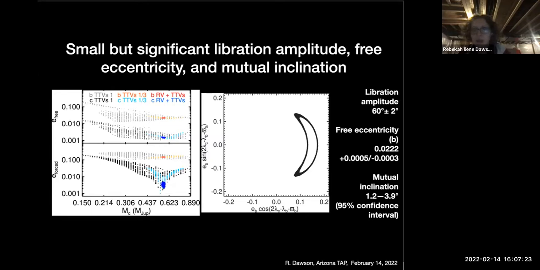So even though this seems like a small mutual inclination, this is big compared to the super quiet Kepler super Earth and mini Neptune systems.